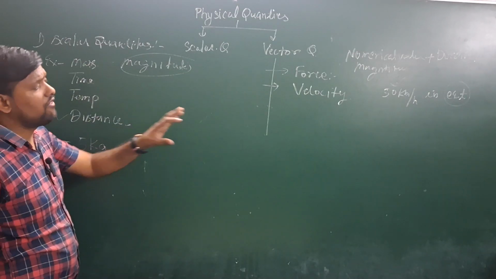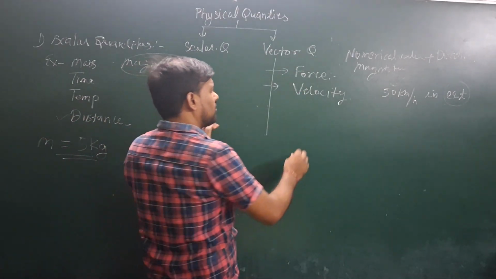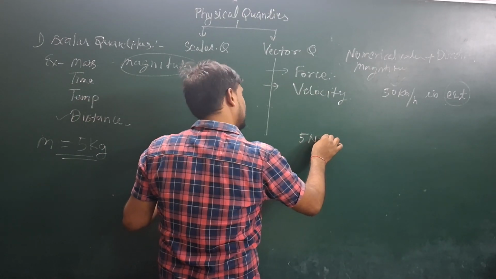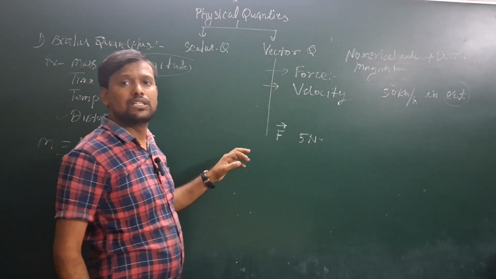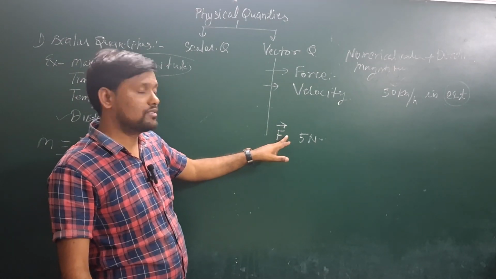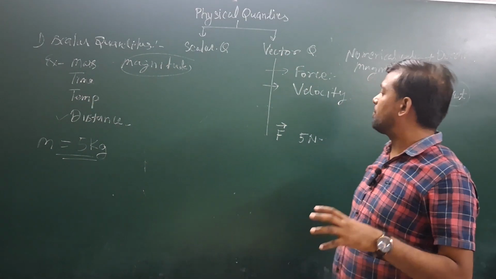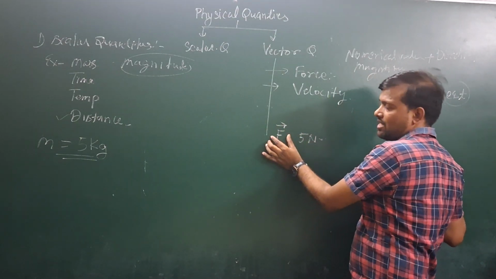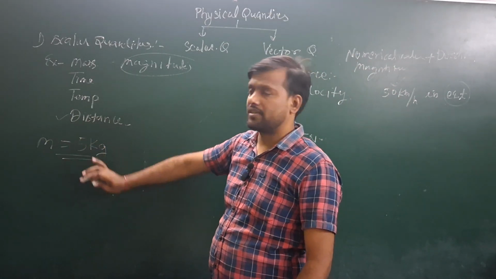While if we discuss vector quantities like force, we write 5 Newton and represent it by F with a small arrow on the notation, F bar or vector F. To represent a vector quantity we need this type of notation, while for scalar quantities only the alphabet is written.